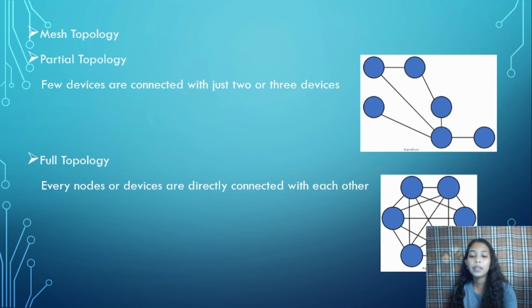It has multiple links, so if any single route is blocked, then other routes can be used for data communication. Point-to-point links make fault identification and isolation easy, and it helps to avoid the chances of network failure by connecting all the systems to a central node. So that's for the mesh topology.